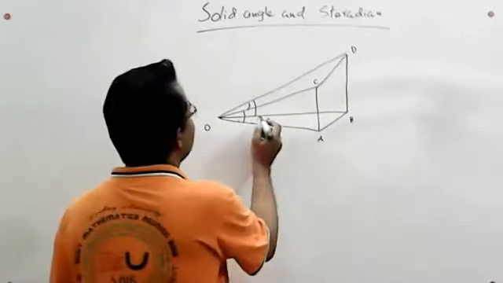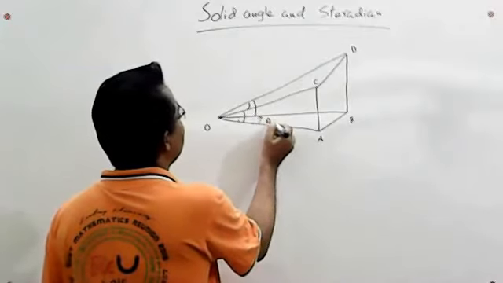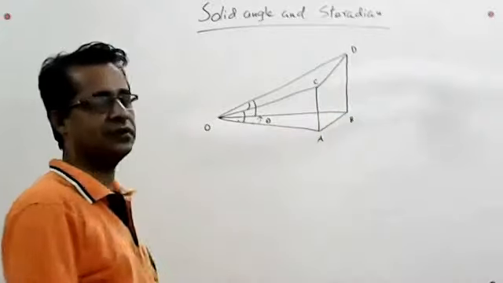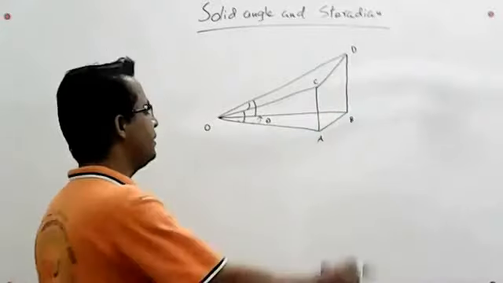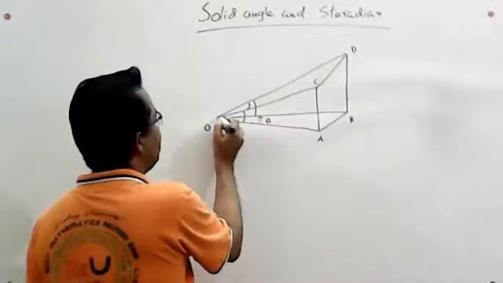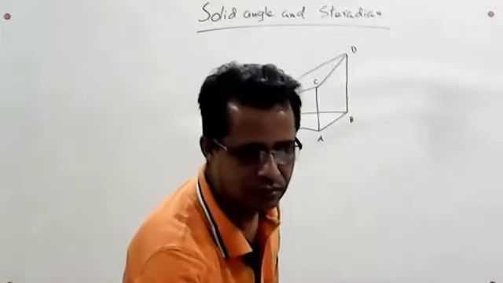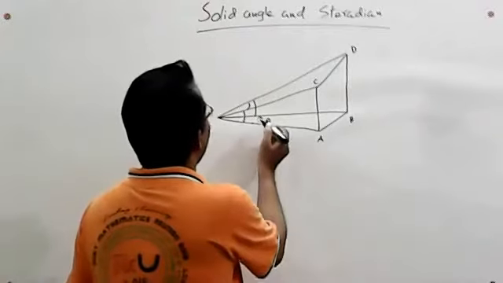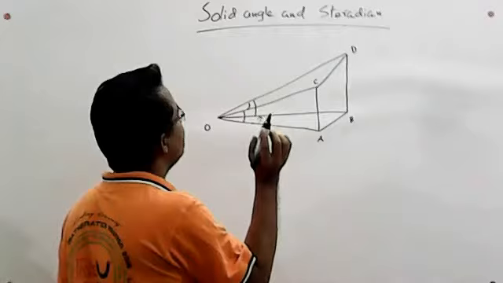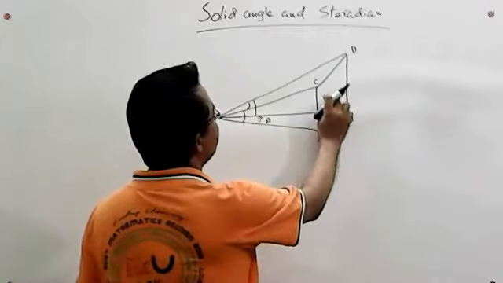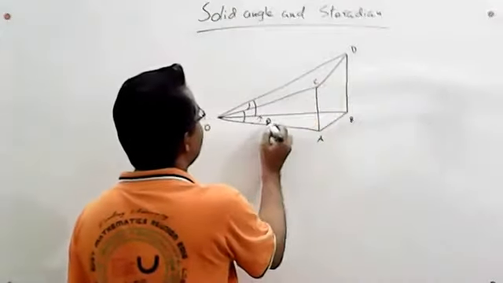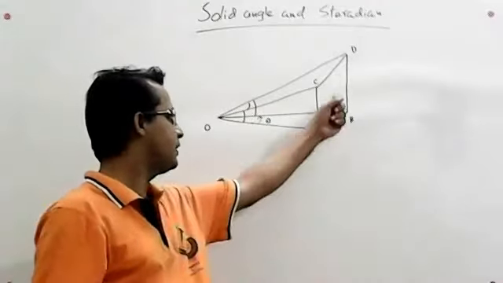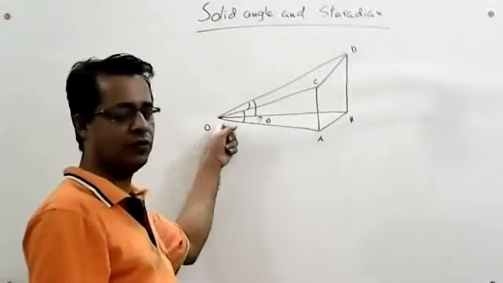This conception is called the solid angle of this area BDC at the point O. I repeat again, how much inclination is needed to cover the whole surface ABDC from the base angle. This conception is called the solid angle of this surface at the point O.